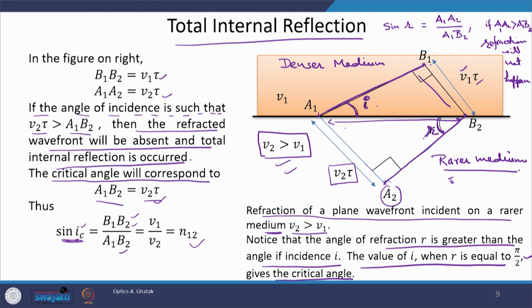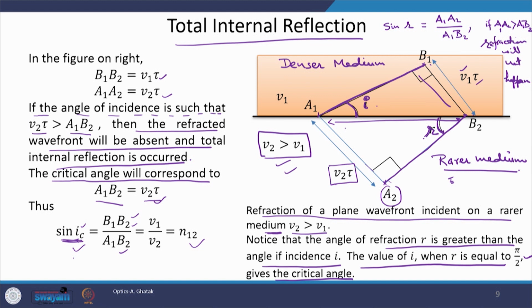And this is all for total internal reflection, and we saw here that we cannot get refraction if I is larger than a certain value, and that value is IC.